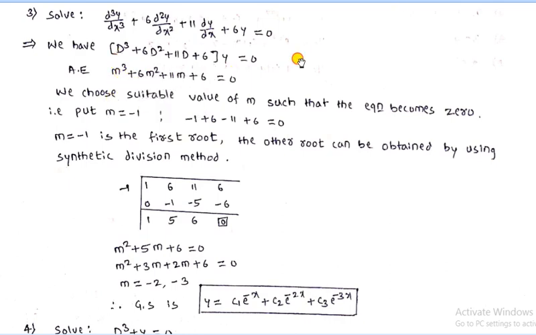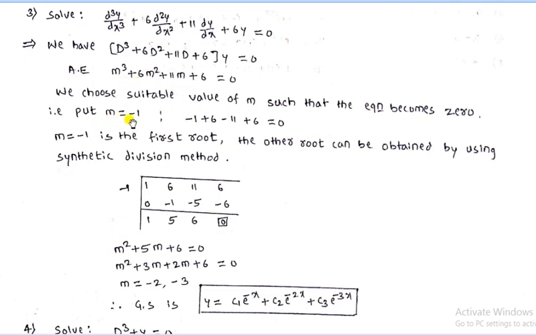In this equation we will substitute a suitable value of m such that the equation becomes 0. So start from m equal to 1, plus 1, plus 2, plus 3, plus 4 etc. and check whether it gives 0 or not, or otherwise you will substitute m as negative numbers minus 1, minus 2, minus 3 etc.